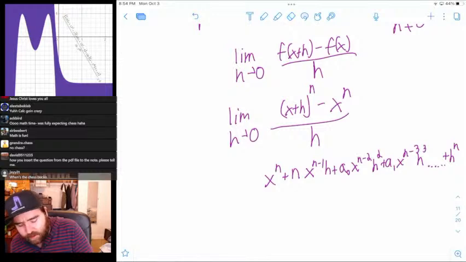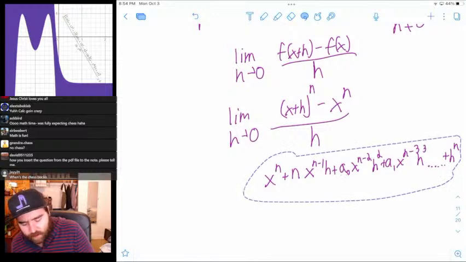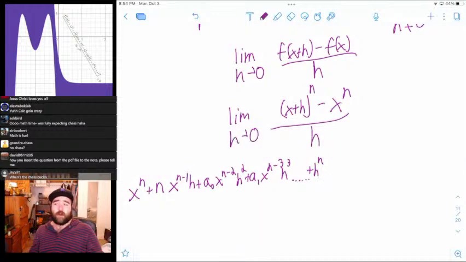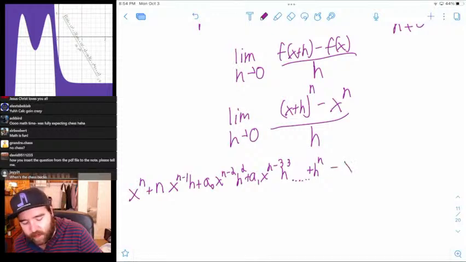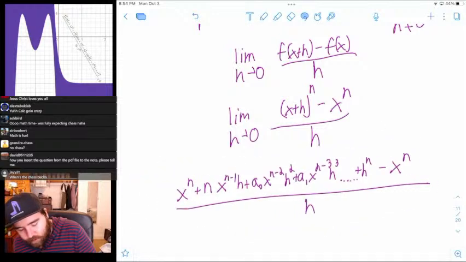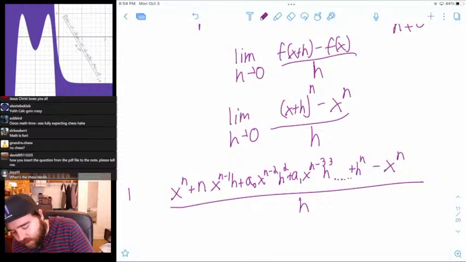All right, so see how that's just like Pascal triangle ideas? Just like to infinity, because we don't know what n is. But then, minus x to the n over h. And then let's actually get this back off the wall because we're doing the limit as h approaches 0.